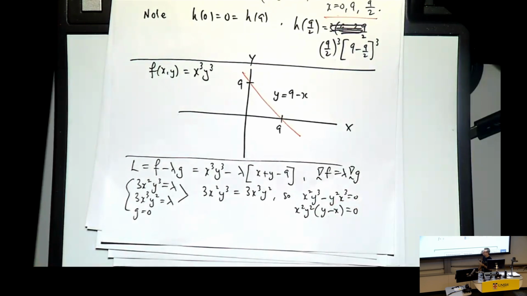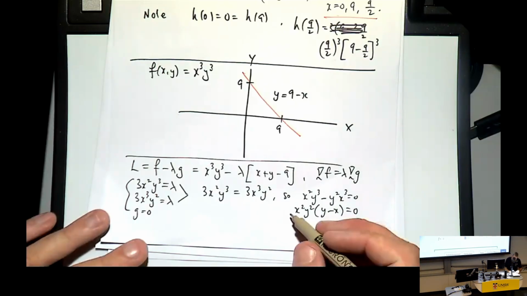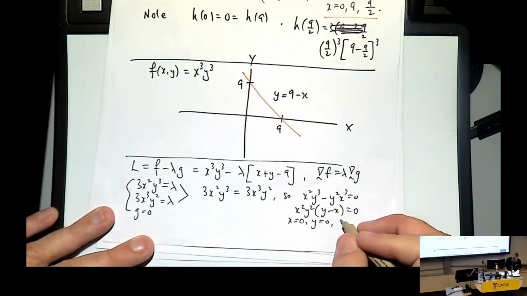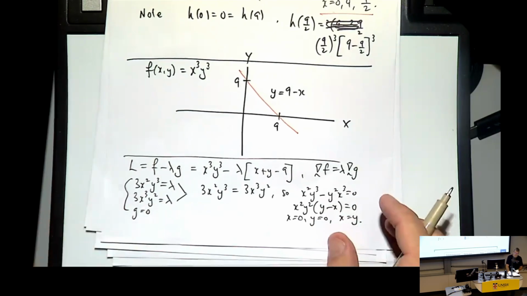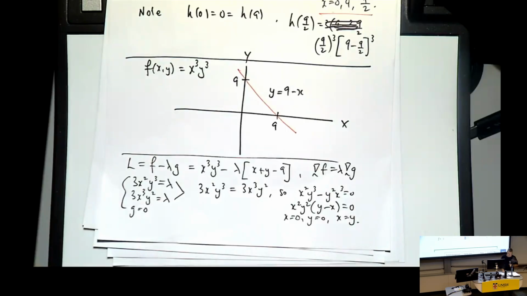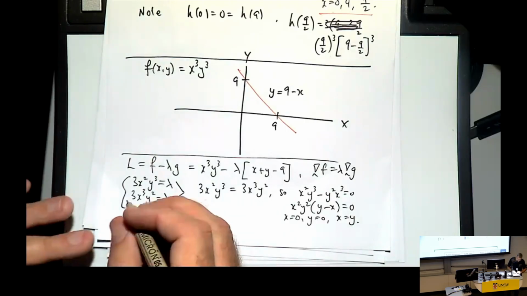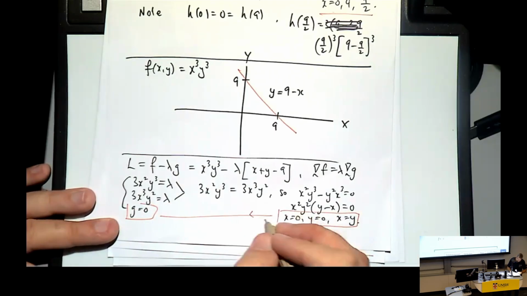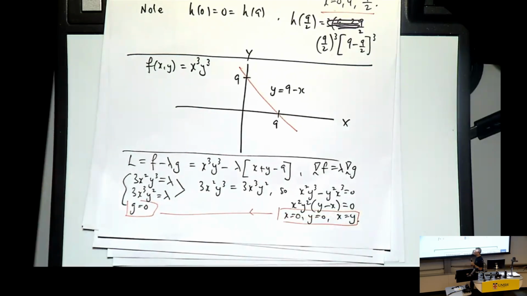So if you look at that, x is 0, y is 0, or x equals y. In those cases, you would use g equals 0 to find the corresponding points of interest.